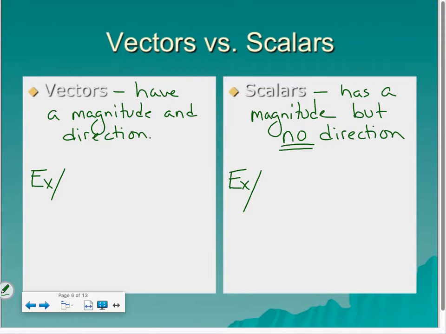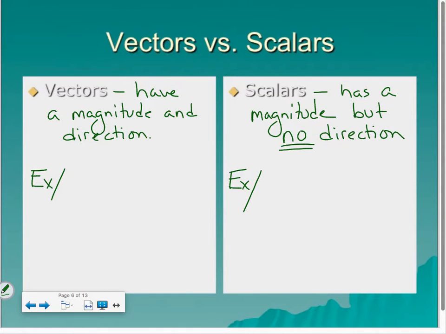So let's look at some examples then. Things that have a magnitude, like a number, but you also require a direction, and things that don't need a direction but have a magnitude. So what do we got? Something that we would measure in, say, the lab. What did we measure in the lab? Measured water, right? So the volume, good.